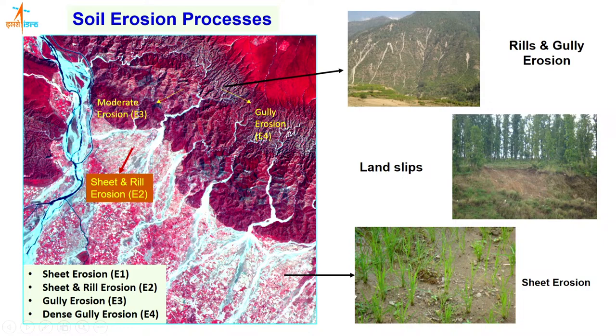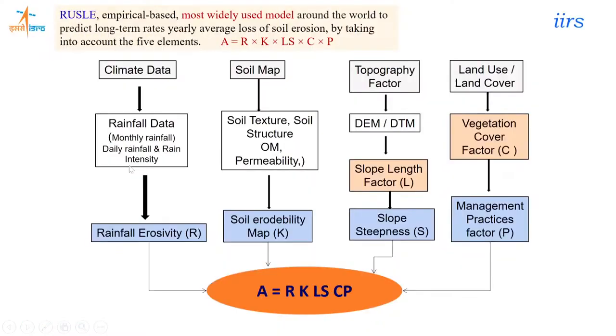So it is characterized as sheet and rill erosion. We use some erosion models also for mapping of erosion. Here you can see the most important erosion model widely used in the world is the RUSLE model. We call it the revised universal soil loss equation.